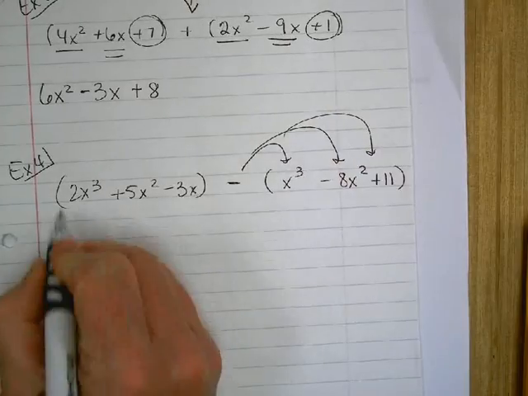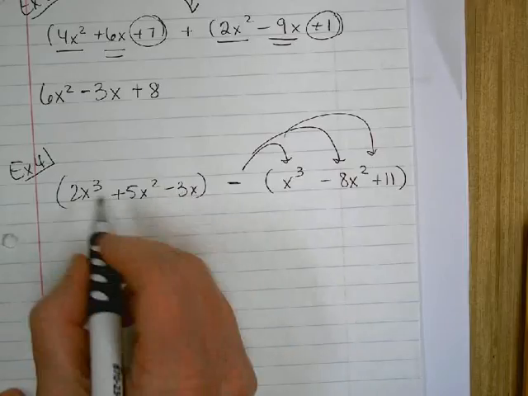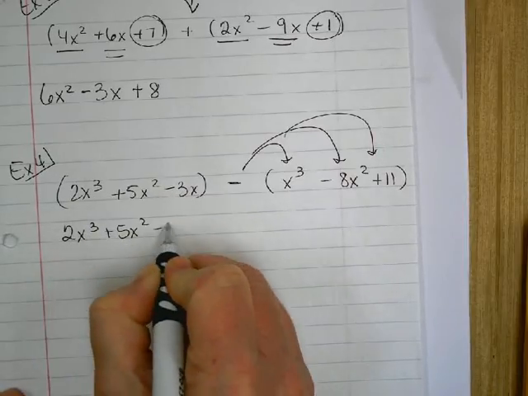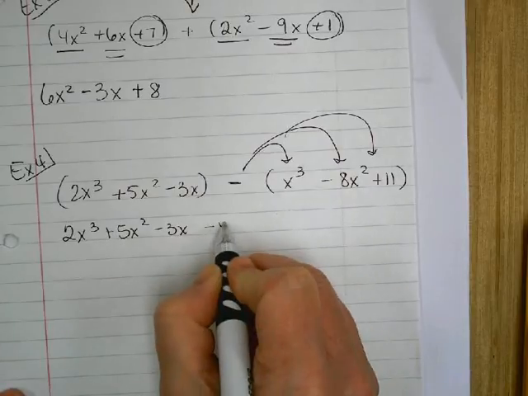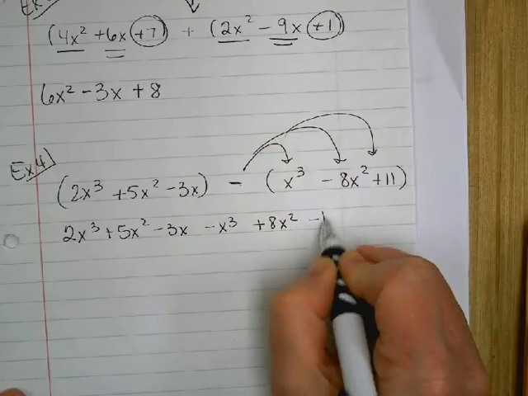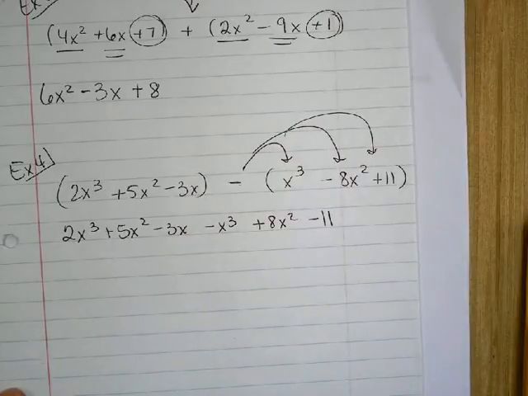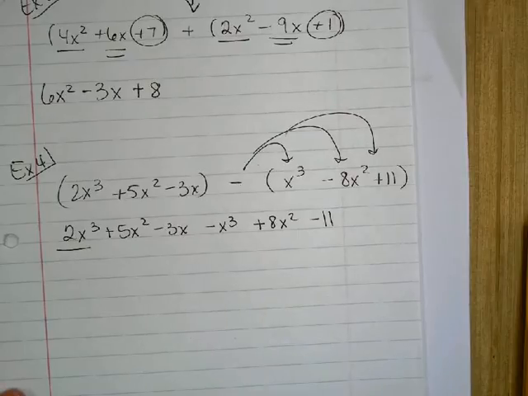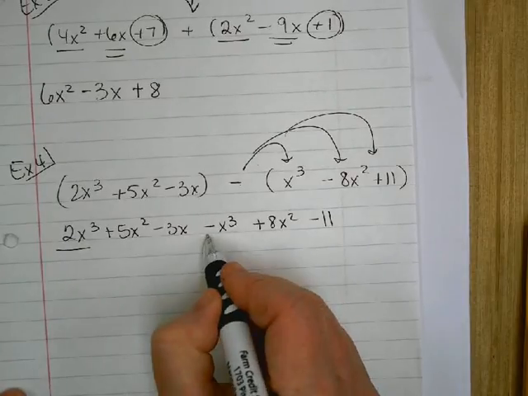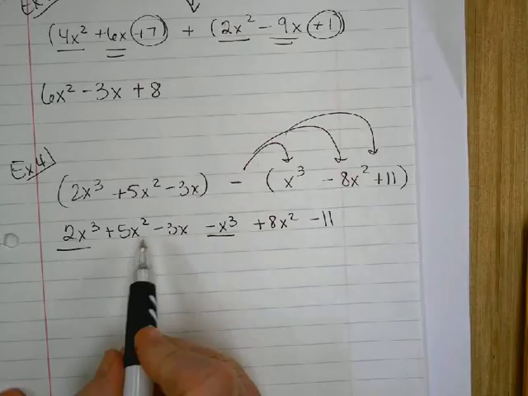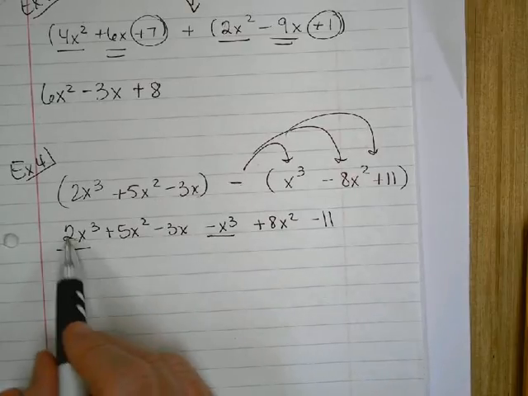The first set doesn't change. This becomes minus x cubed plus 8x squared minus 11. Then combine what goes with that. 5x minus 8x squared. But we're gonna do the x cubes first.